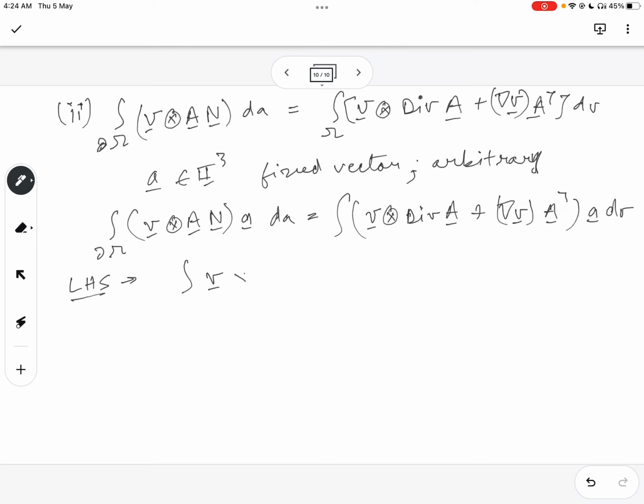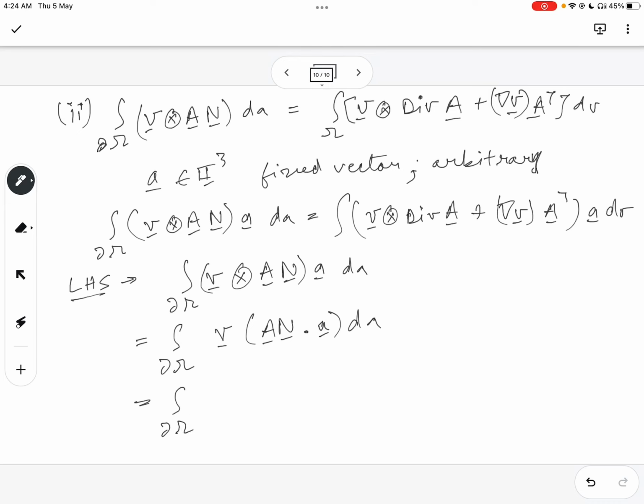So this is (v diadic A n) a dA over del omega. This becomes v (A n) dotted with a dA, which is (n dot A transpose a) v dA.